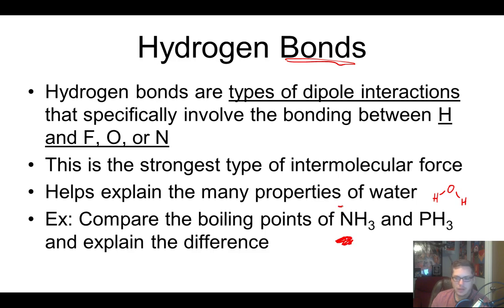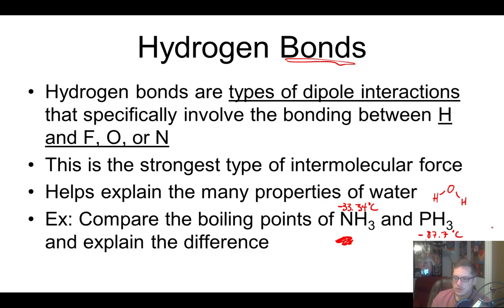Stupid Google. Negative 33.34 degrees Celsius. And the boiling point of PH3, this is phosphine, is negative 87.7 degrees Celsius. All right, so it's not nearly as drastic as the last one we looked at with the dipole interactions, but there's still quite a bit of a difference here.